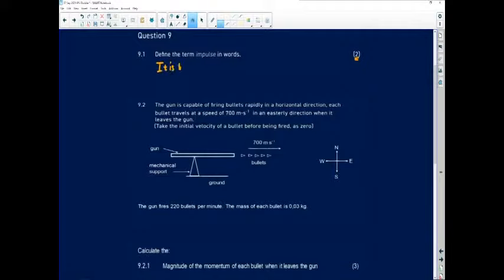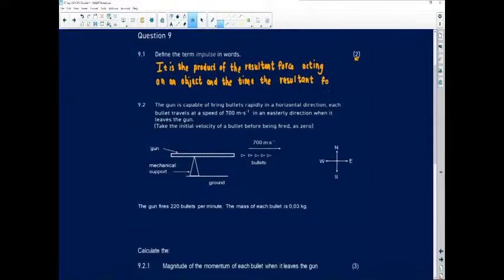Impulse, it is the product of the resultant force acting on an object and the time the resultant force acts on the object.